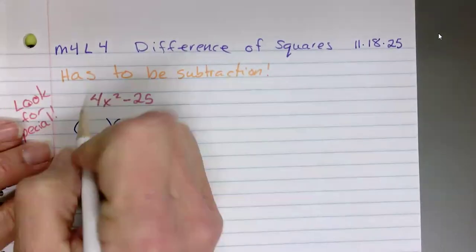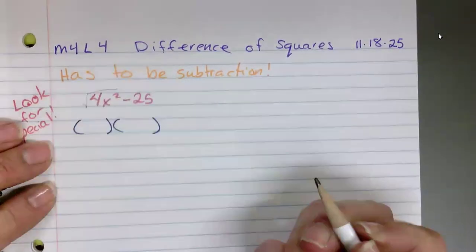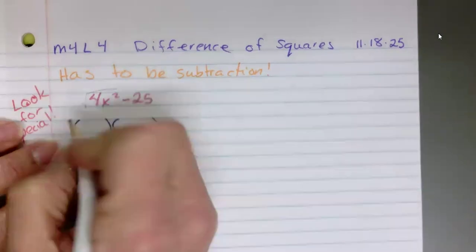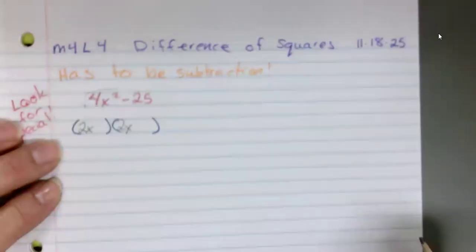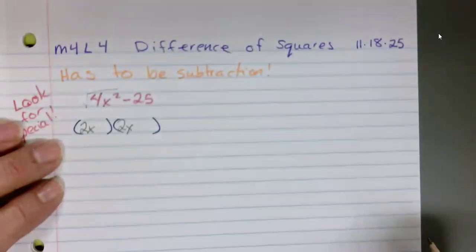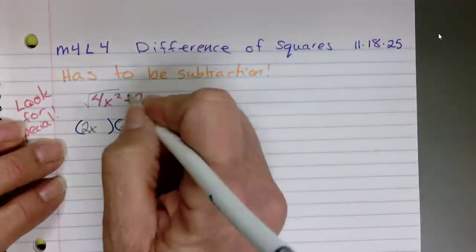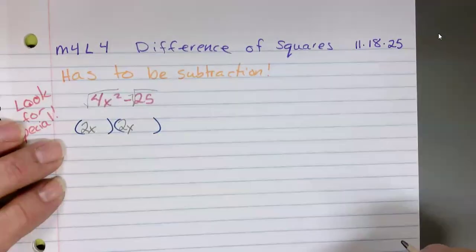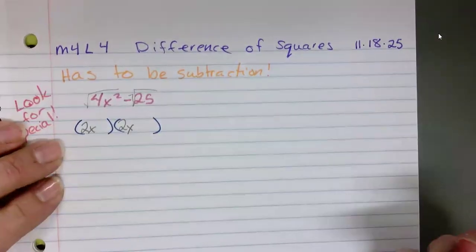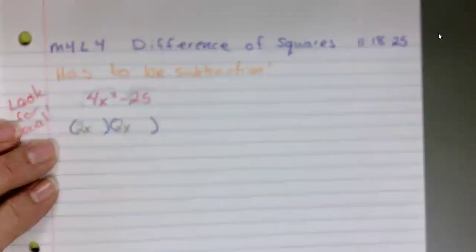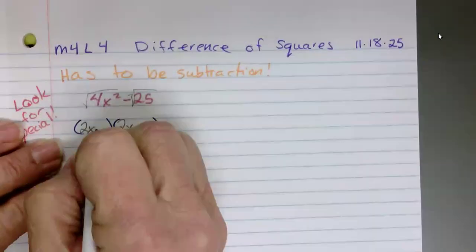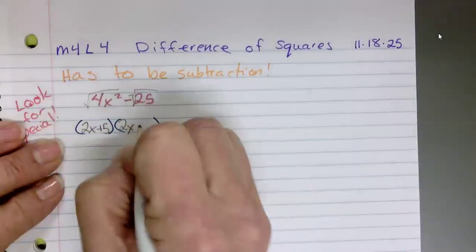And we just do, what is the square root of 4x squared? Well, that would be 2x. So that becomes the first term in each of our binomials. Then what is the square root of 25? 5. But the correct answer is plus or minus 5, right? So then we end up with plus 5 or minus 5.